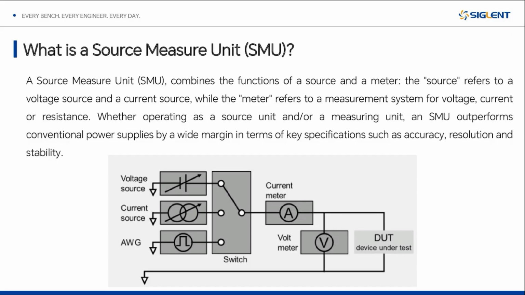It's that integration that is the important and powerful piece. Because of the way this is set up, you can source voltage into a device, source current, move those values around, and measure voltage and current simultaneously on the back end, and that allows you to calculate power and resistance.